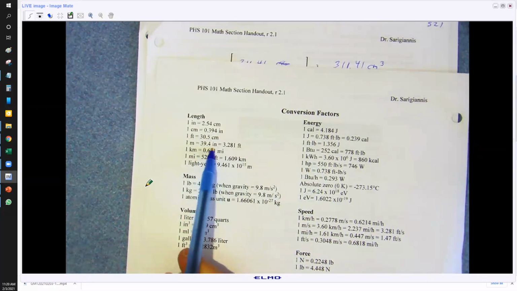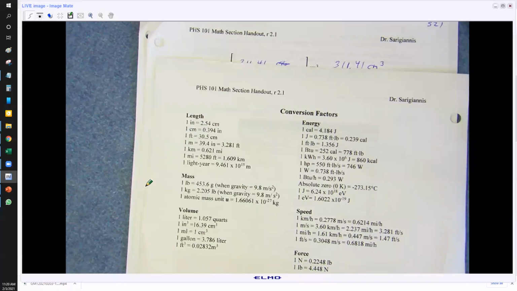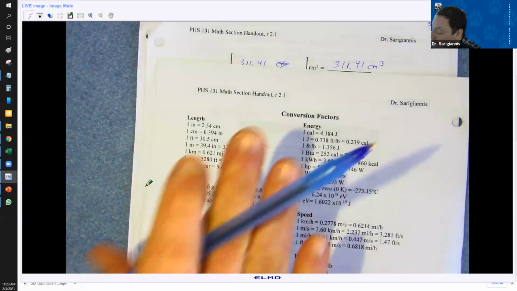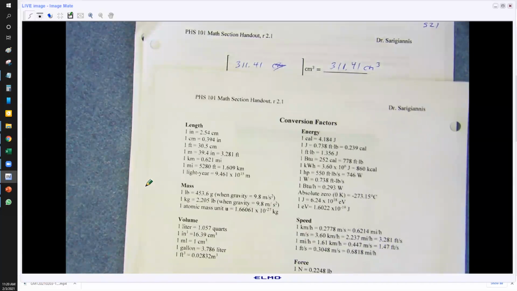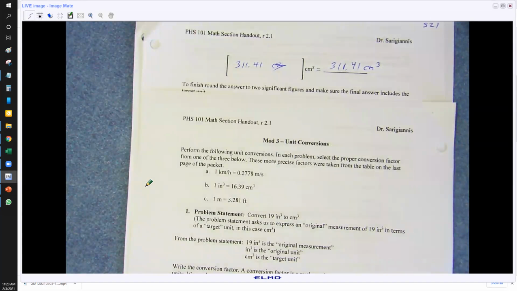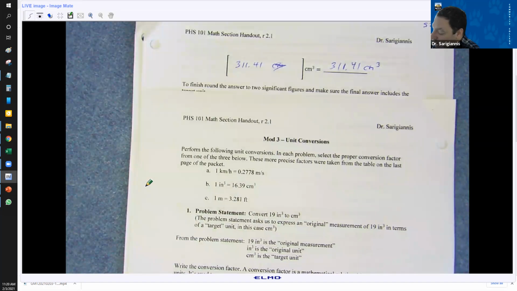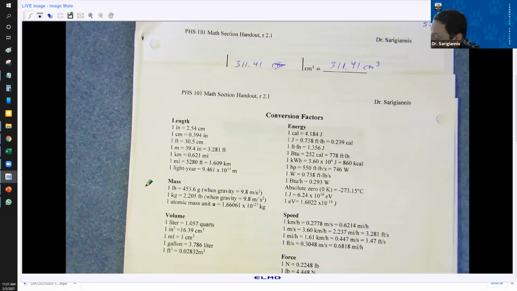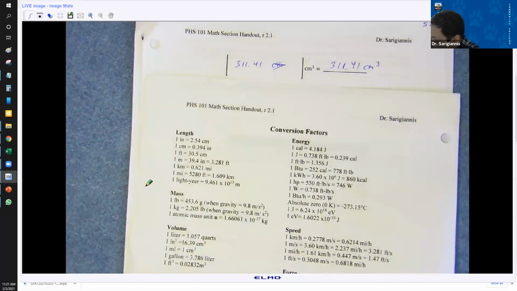So on quizzes and tests, how do we know which table to use? You're going to use the exact conversions. The first part of the packet was just to introduce units and approximations. Going forward, you want to use the exact conversion factors given to you. In fact, test number 3 has this all on 1 page.